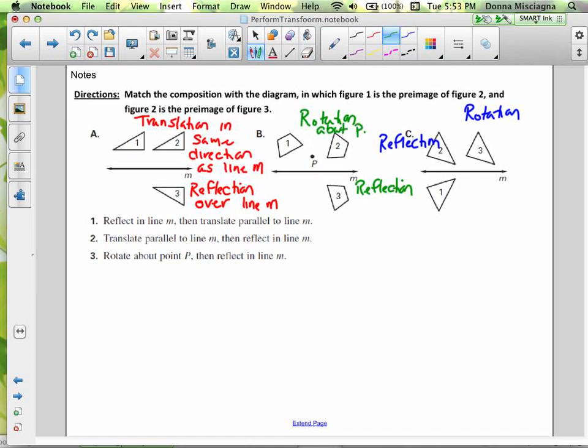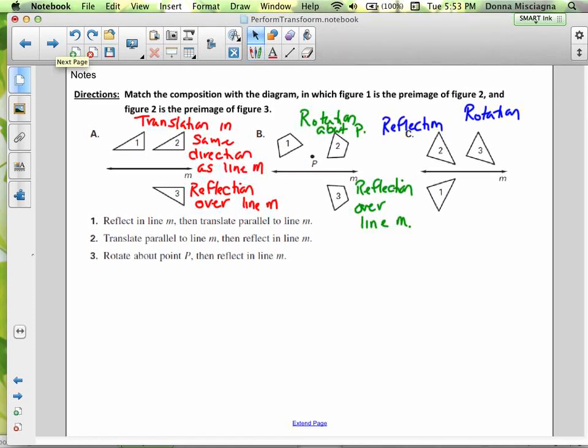Right, and then we reflect over line M. And the last one, our first step was, I put rotation on the last thing. Well, I'm sure I said translation. I don't know why I put rotation. All right, so it's a good thing I went back to these.